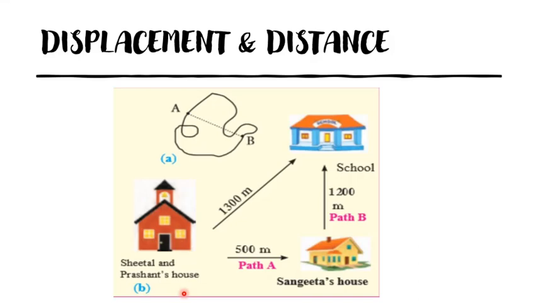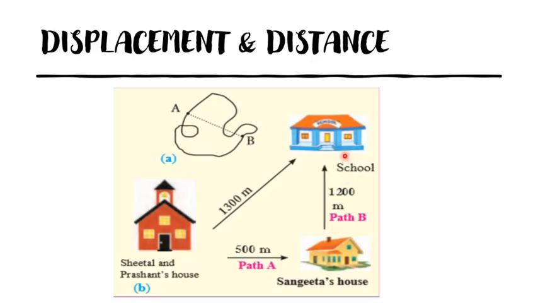So, if they both are walking with the same speed, who will reach first to the school and why? Let's understand this. Sheetal is going to the school, but first she is going to her friend's house. So first she is covering 500 meters and then she is going to the school and covering 1200 meters.